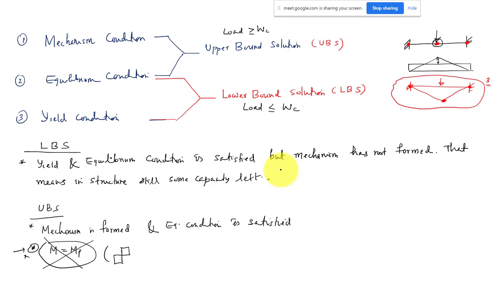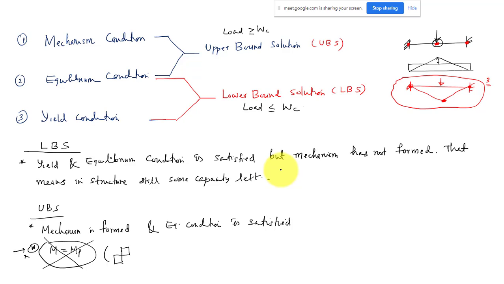Okay. So now we will go to the conditions for forming the mechanism: how the mechanism is forming, what are the different types of mechanisms, and where the plastic hinges can form. That part we have to discuss again. After that, we'll come back to the upper bound and lower bound theorems, and then we can go to the numericals.